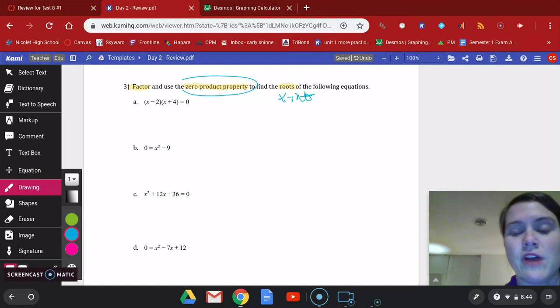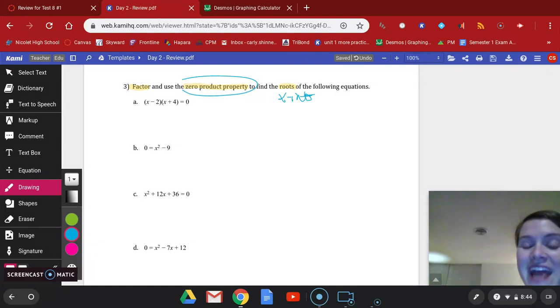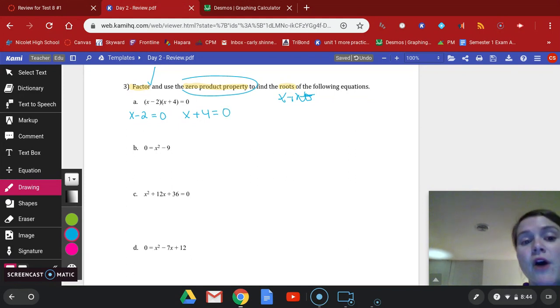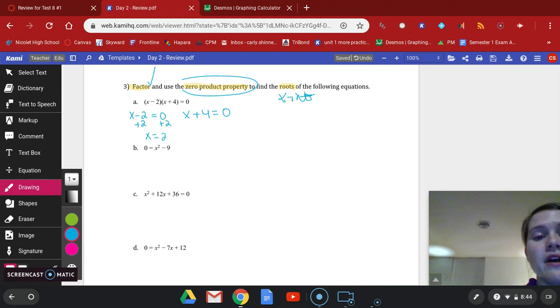Ooh, that's messy handwriting. All right, so letter A is factored for us. So thank you very much, letter A. And so I just have to use the zero product property, which tells me if my product is 0, one of my factors has to be 0. And so I just solve each factor and set it equal to 0.